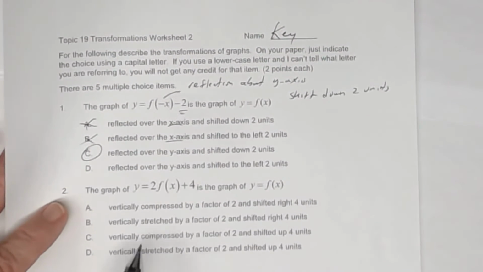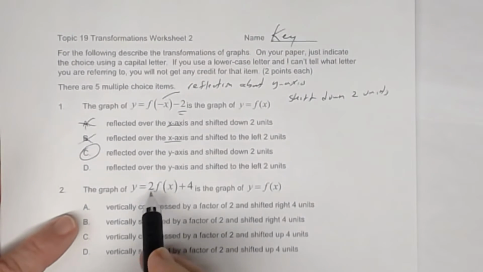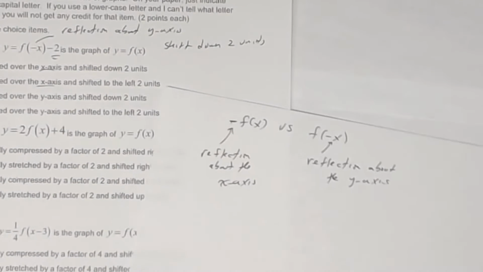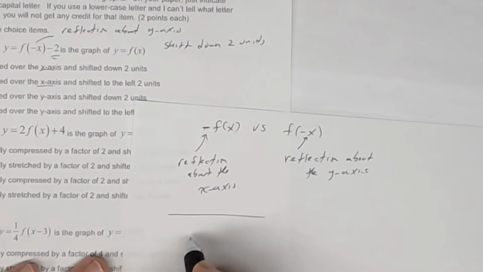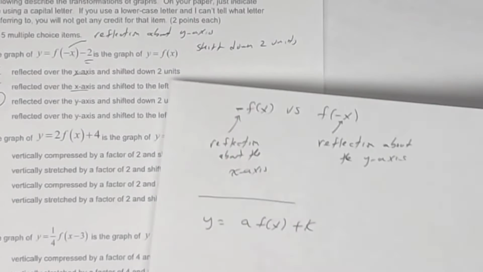All right. Now, when you look at number 2, there's something you have to remember about a number out in front. So if you have y equals a times f of x plus k, which is what this is, you have to remember about that coefficient.